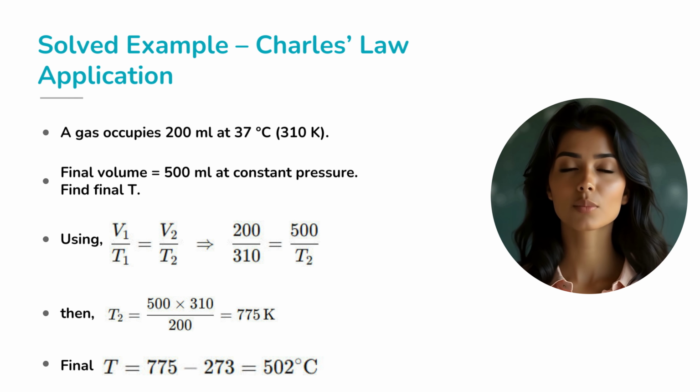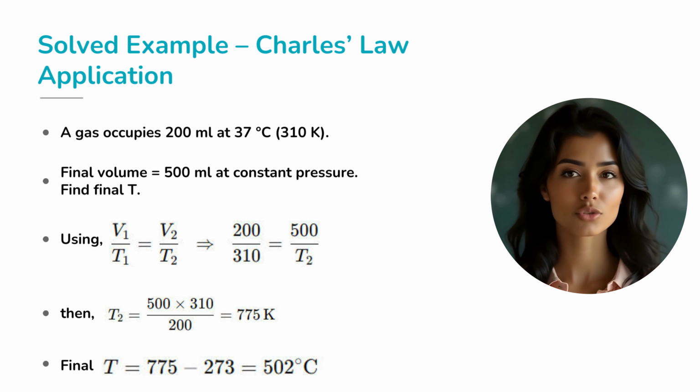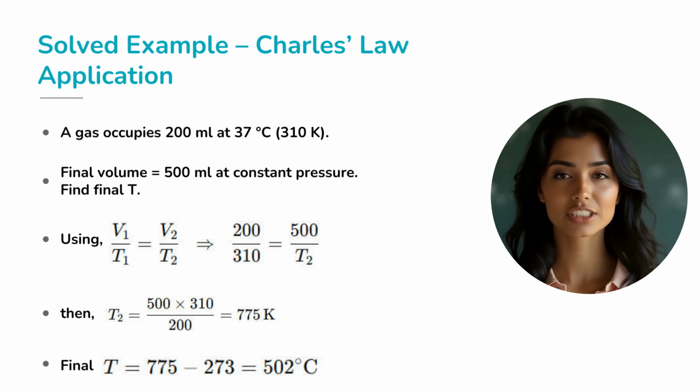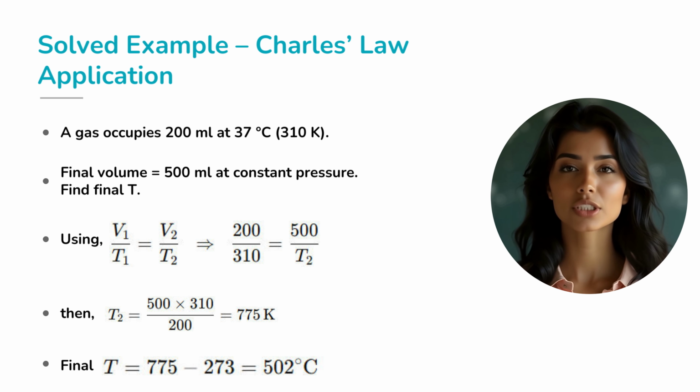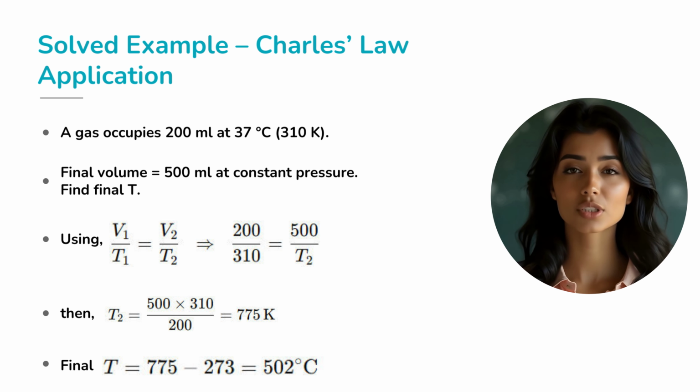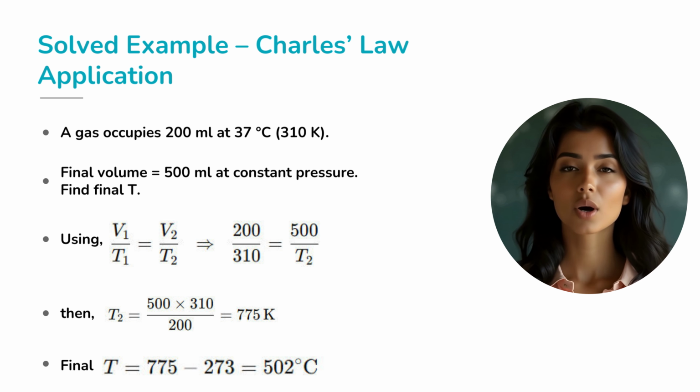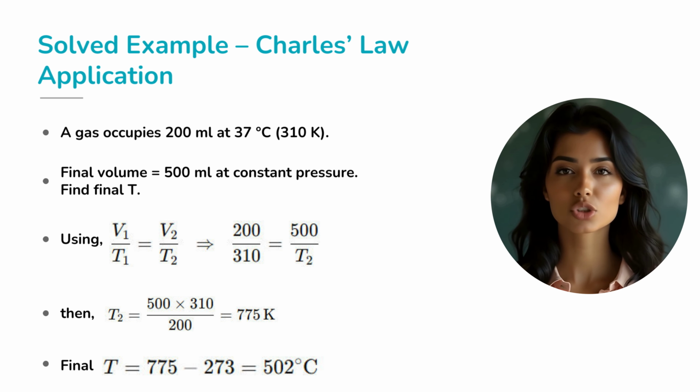Let's practice with a problem. A gas has a volume of 200 milliliters at 37 degrees Celsius, which is 310 Kelvin. It is heated at constant pressure until its final volume becomes 500 milliliters. What is the final temperature? Let's apply the formula. V1/T1 equals V2/T2.